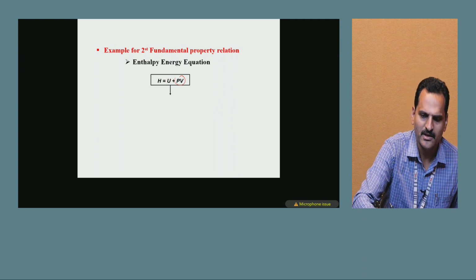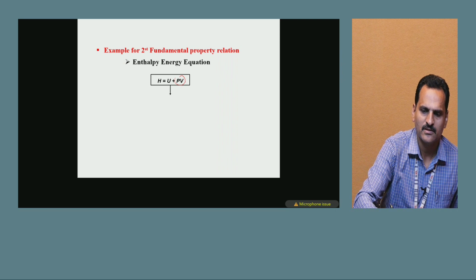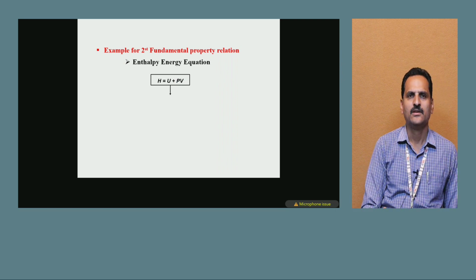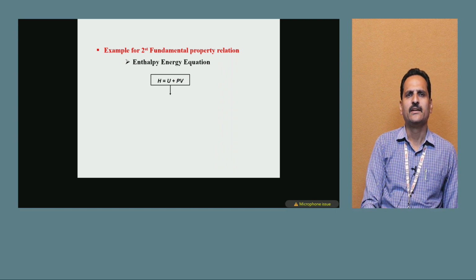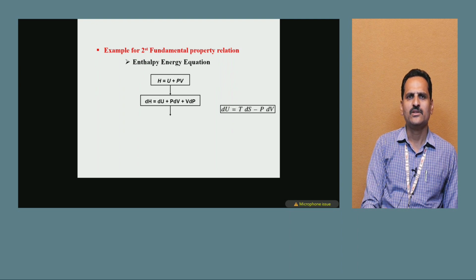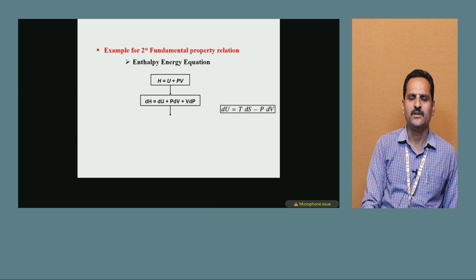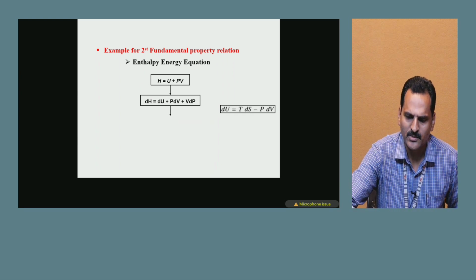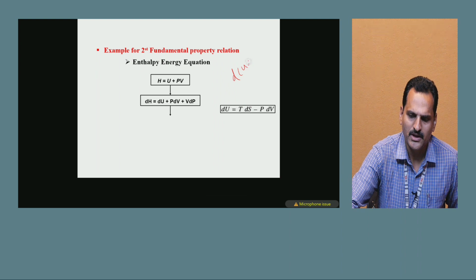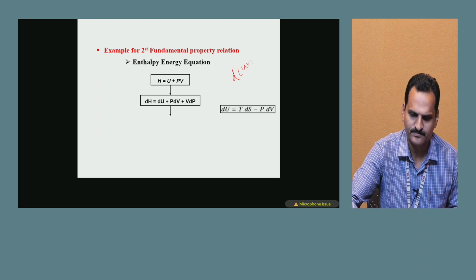So let's apply the differential form to this enthalpy equation. We can get dH is equal to dU plus PdV plus VdP. If you know mathematically, d of UV is equal to U dV plus V dU.